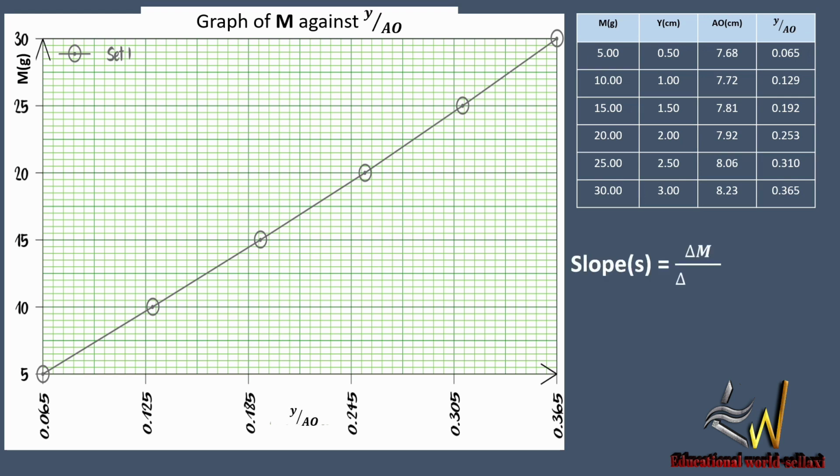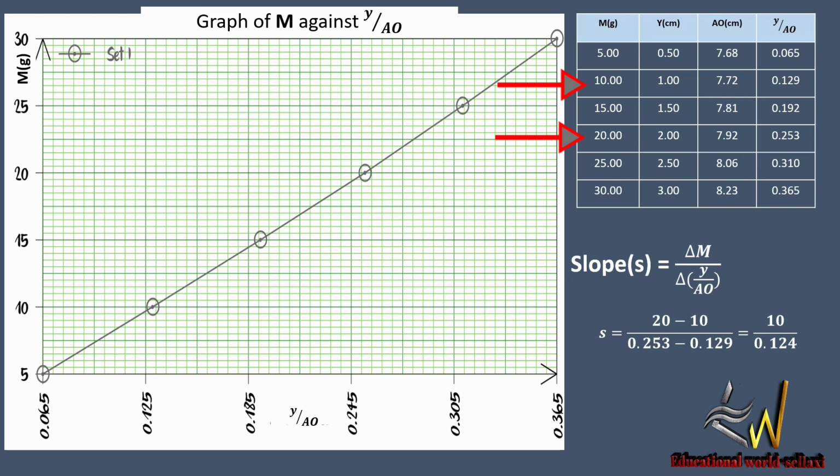Now we move to the slope. The slope is change in m all over change in y over AO. So we are going to take 2 points from the vertical axis and 2 points from the horizontal axis. So the points we are going to use here is 20 and 10.